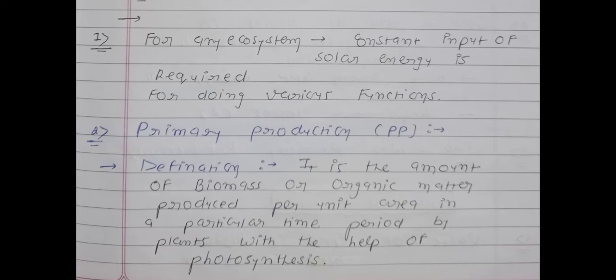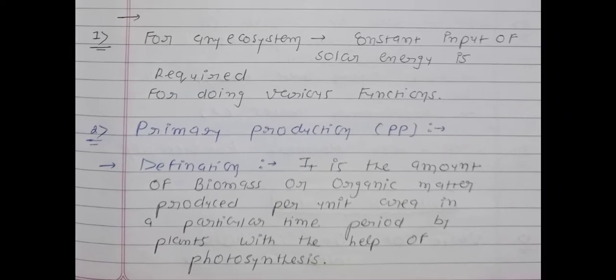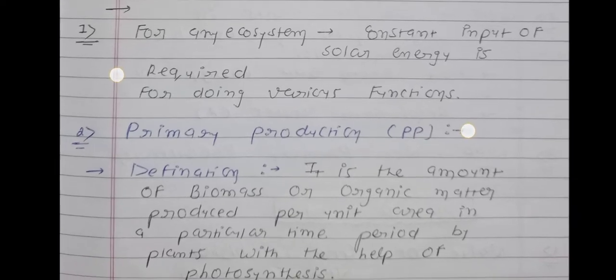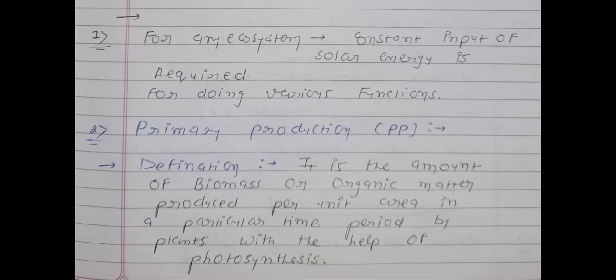See, important words are there: amount of biomass or organic material per unit area in a particular time period by plants, which are one type of producers, with the help of photosynthesis. See, here the word plants is used because plants are one type of producers, and you know that primary productivity is connected with producers.